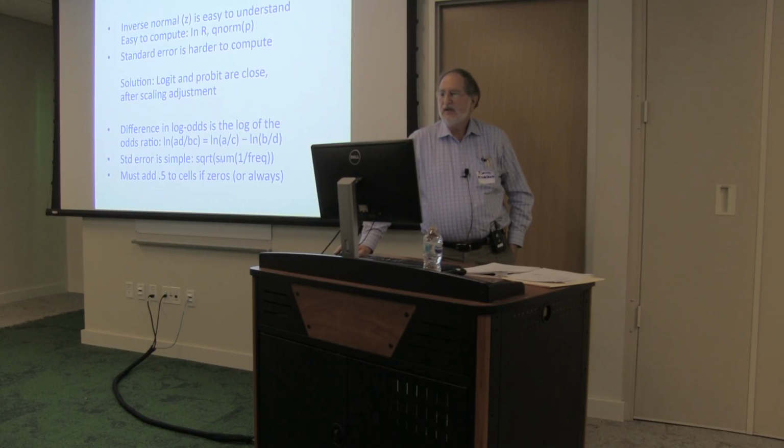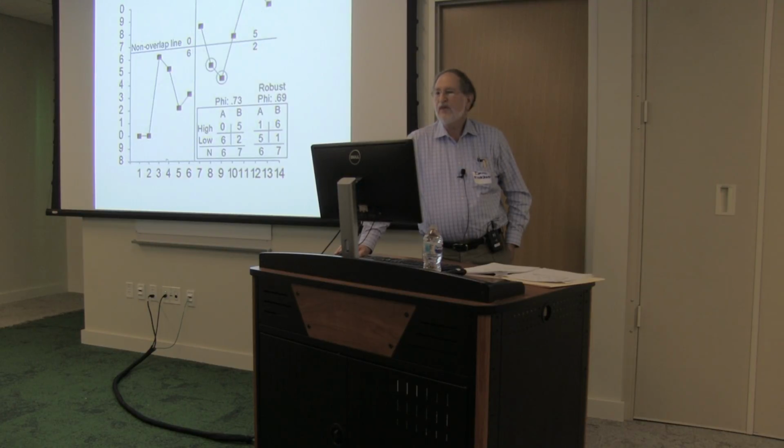It's the square root of the sum of 1 over the frequencies: 1 over A plus 1 over B plus 1 over C plus 1 over D. And there are problems with cells with zeros, as you techies know, so we add 0.5 to the cells to solve for that.